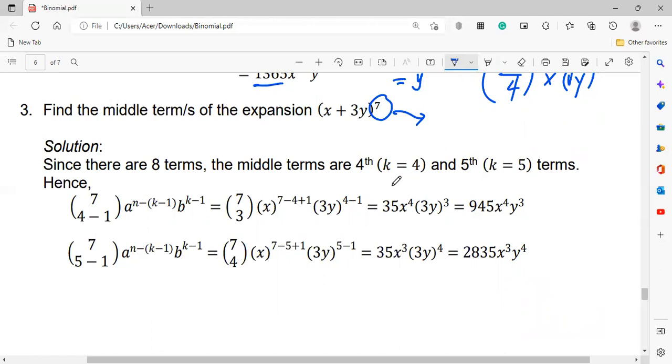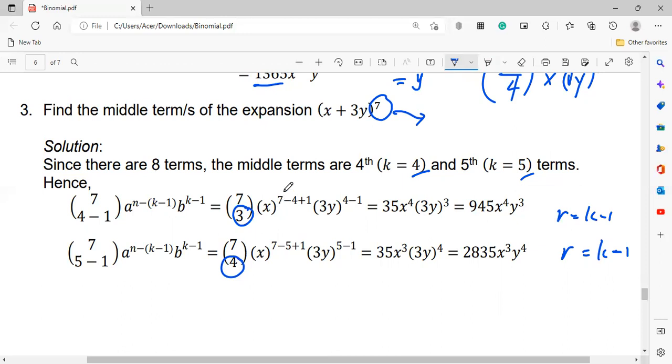So, dalawang hinahanap natin. So the middle terms are the fourth and the fifth term. So when you're looking for the fourth term, k is 4, and fifth term, k is 5. Okay, so that r is equal to k minus 1. So on the first k, 3. Kaya ito 3, no? And the second k, which is 5, this is 4.